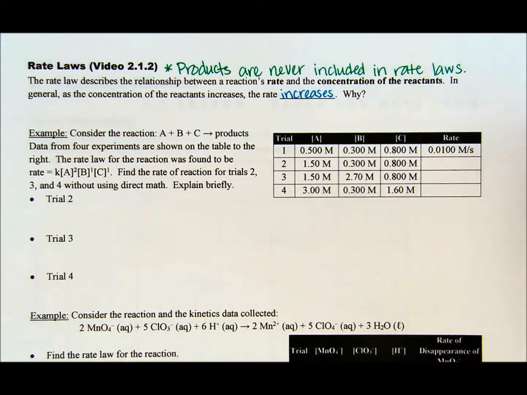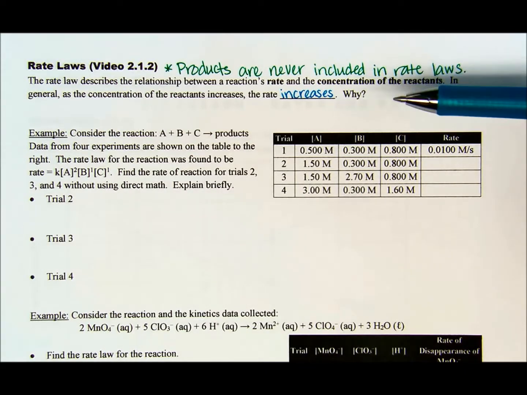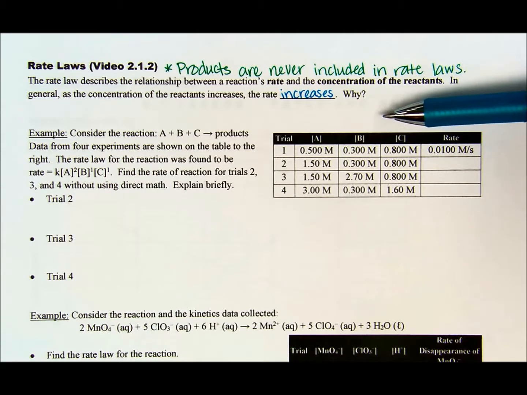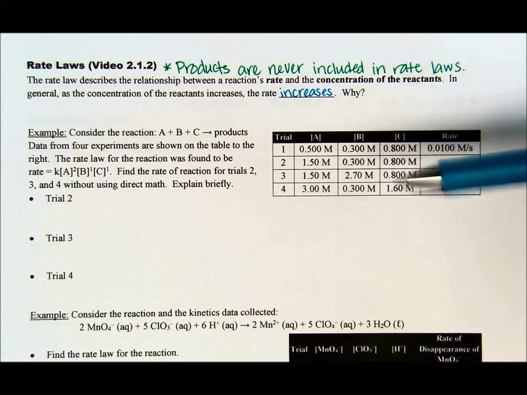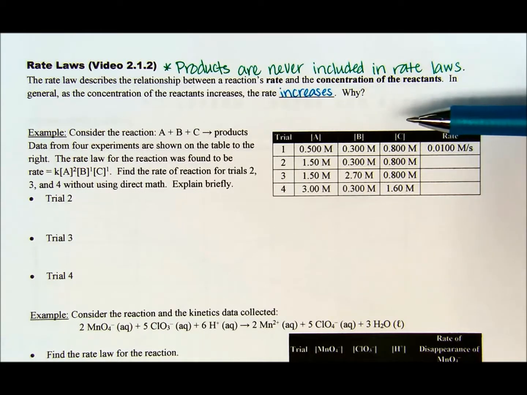Well, if the concentration is increasing, we're going to have a whole lot more particles in the same area, and those particles are going to be more likely to bump into one another. We know from the kinetic molecular theory that particles have to collide in order to react, right? So the number of effective collisions that result in a reaction will increase, so the rate will increase.